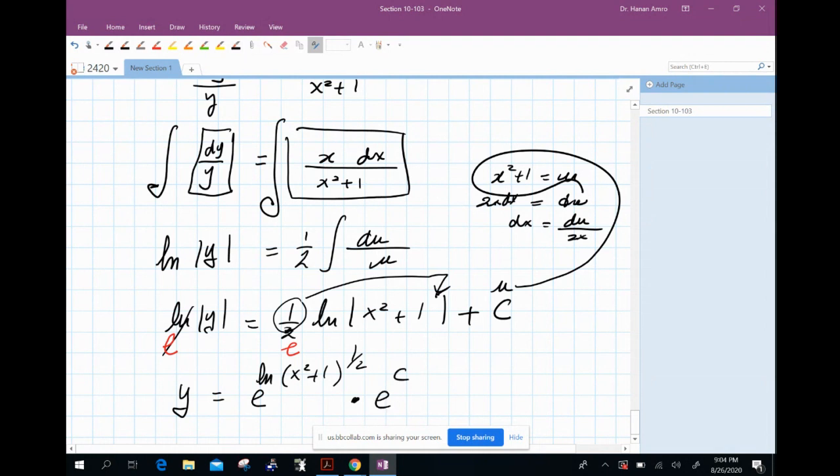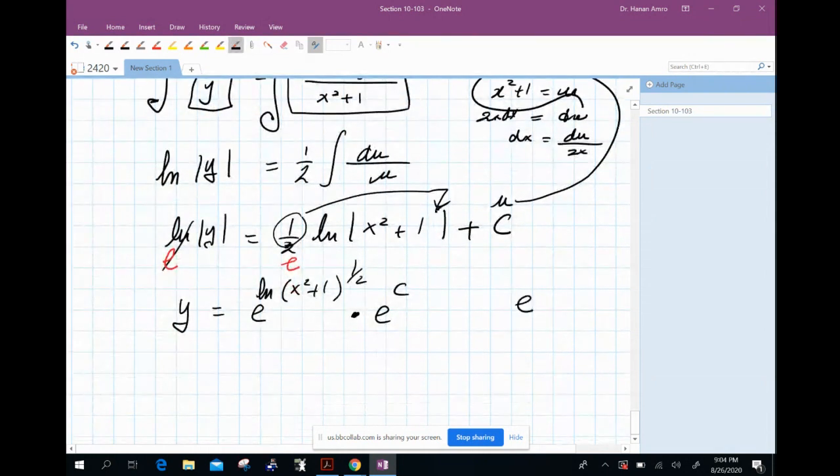When you have e to the a plus b, that's equal to e to the a times e to the b. So y is equal to x squared plus 1 to the half power times e to the c.